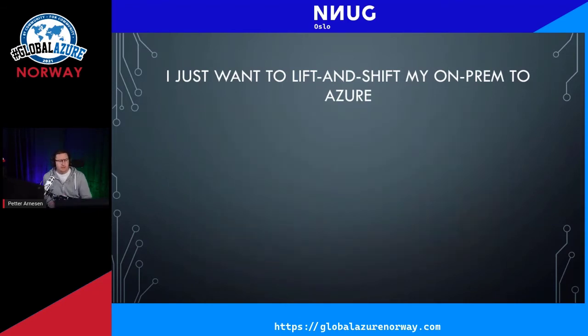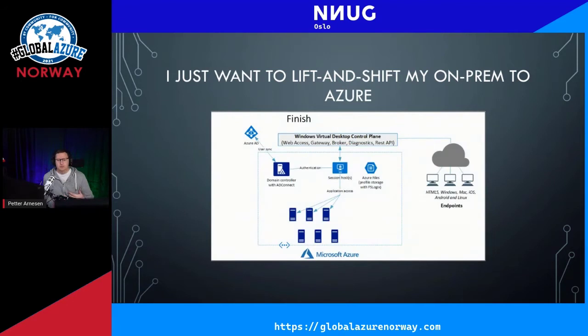But in the end, the hope is that you will end up with something like this, where all your on-prem is gone and moved to Azure. And that way you can decommission all the stuff you have on-prem. So that's the lift and shift use case.